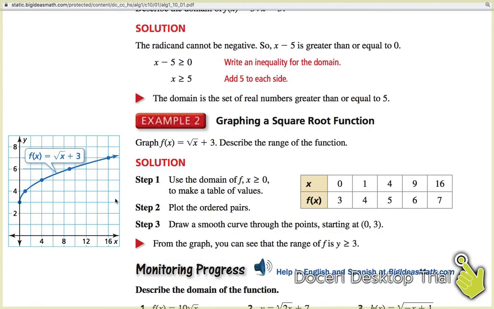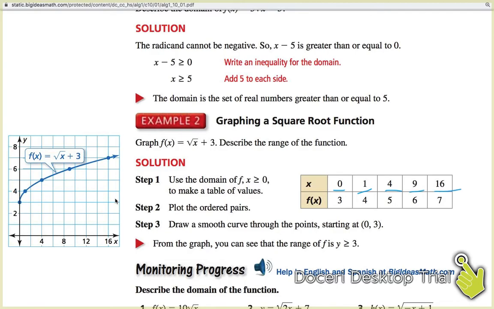When we go to plug in numbers, and we would do a whole lot more with this if we were in class, we want to plug in numbers that make what's under the square root sign perfect squares. We want what's under the square root sign to always equal 0, 1, 4, 9, 16, because that means I can take the square root of it. So in this case, since it's just an x under there, I would plug in exactly those numbers: 0, 1, 4, 9, and 16.